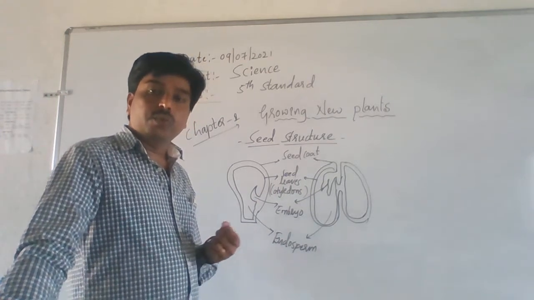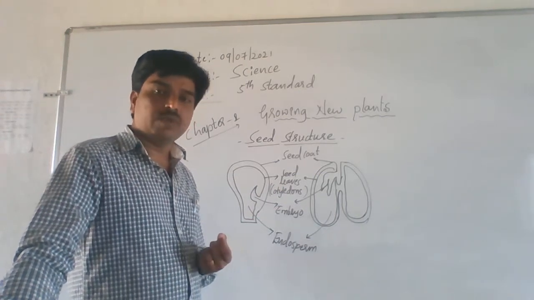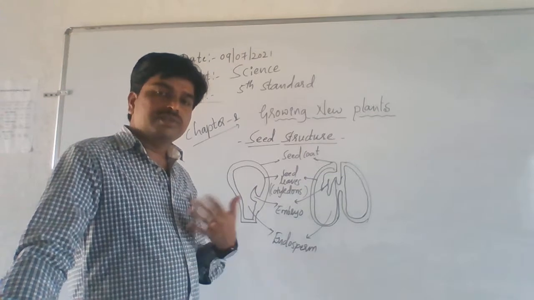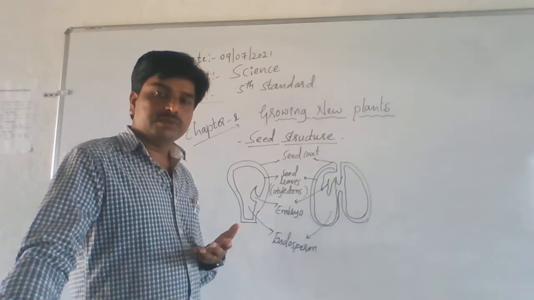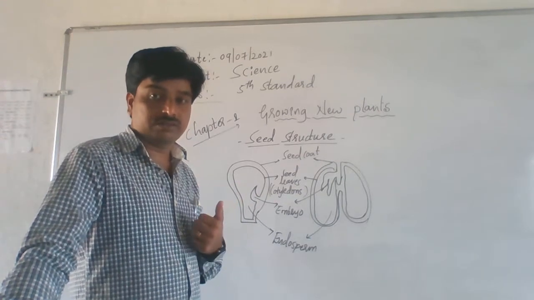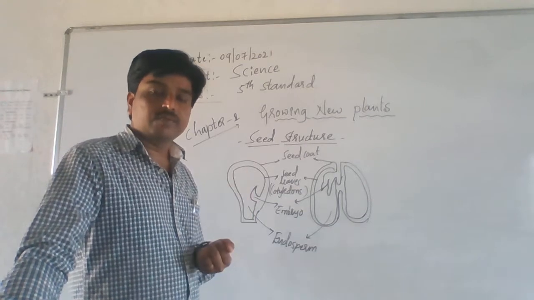Vegetative propagation is also called asexual reproduction. In vegetative propagation, new plants are reproduced by their vegetative parts, like root, stem or leaves.